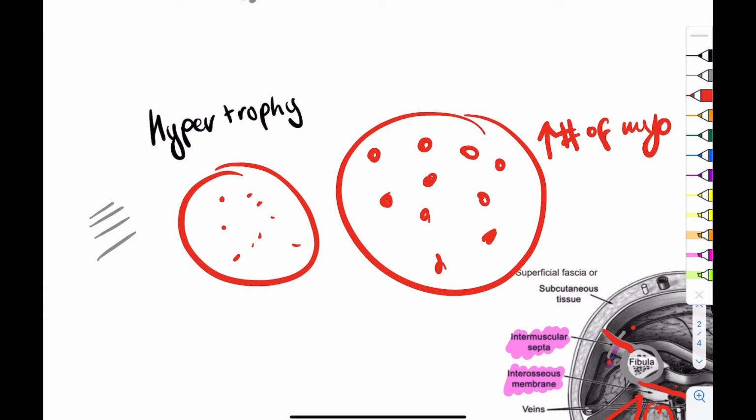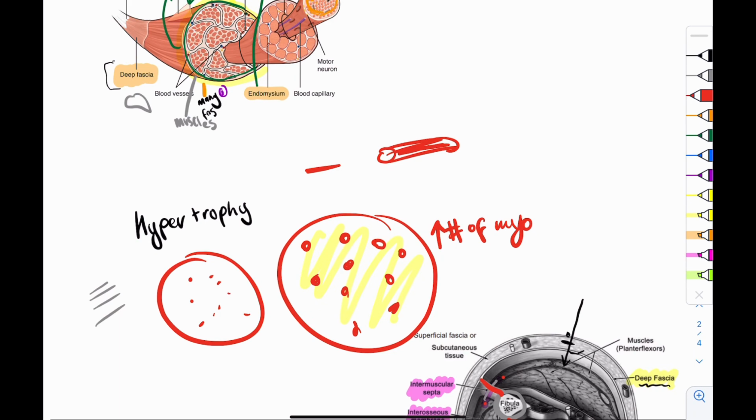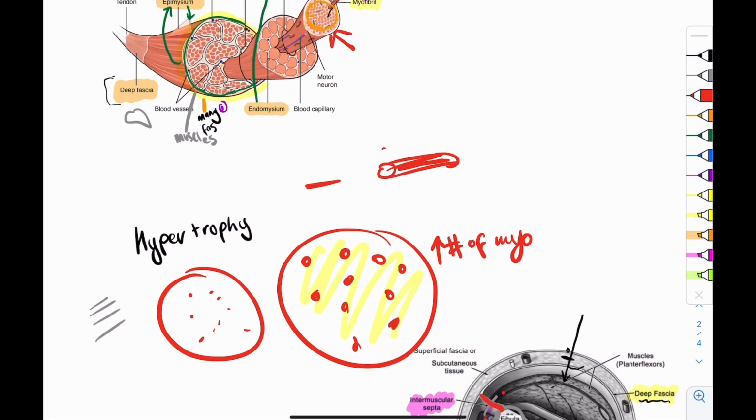So that's the main point. They don't increase in the number of cells, they increase in the number of myofibrils. So within a cell, imagine the cell itself is going from skinny to chunky. And imagine if every single one of those little fibers up here increases in size. It'll go from a tiny little muscle to a big muscle.